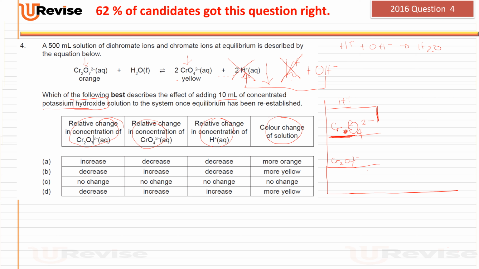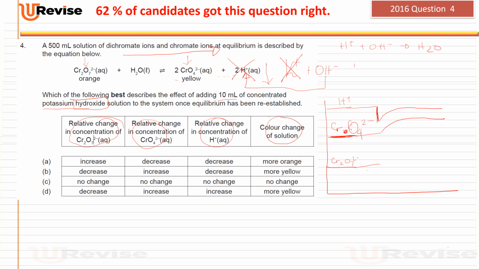Now, the system is going to respond by trying to replace these H plus ions, which means the chromate ions are going to increase. And at the same time, we're going to see an increase in the H plus ions.